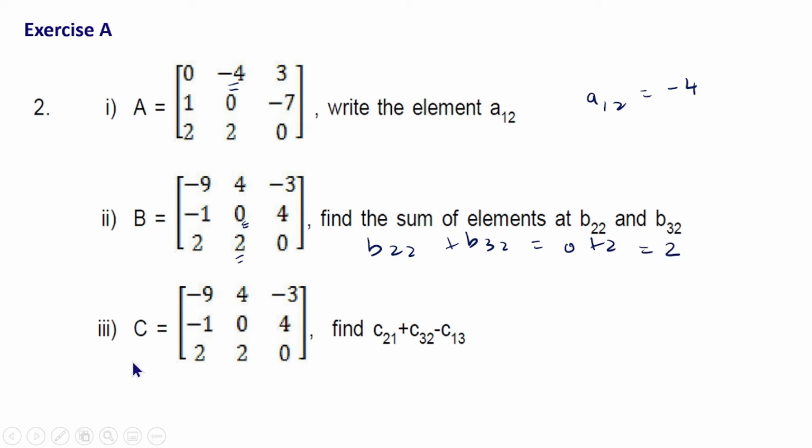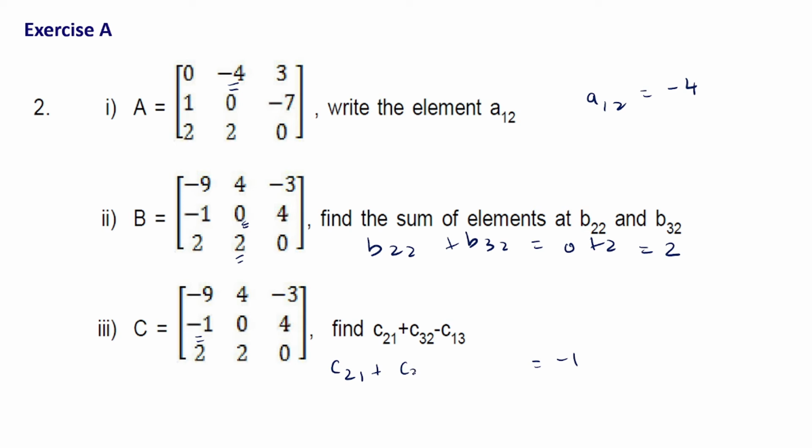The next question, C is equal to minus 9, 4, minus 3, minus 1, 0, 4, 2, 2, 0. Find C21 plus C32 minus C13. So here let us find C21. C21 is the element in the second row first column. So it is minus 1.